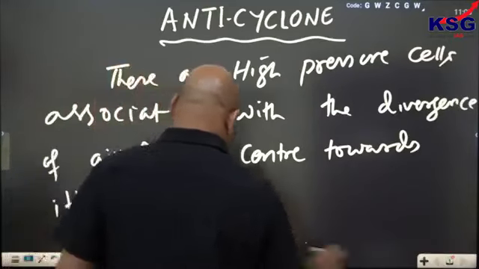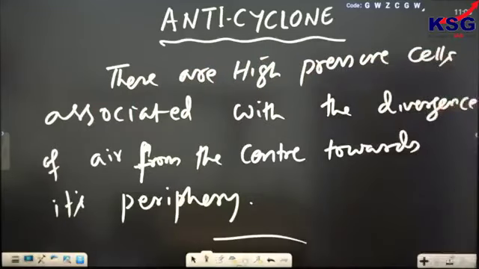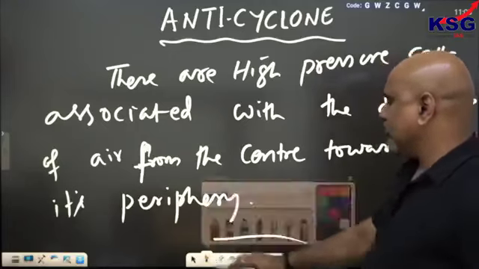From center to periphery there is divergence of the air. Again I am saying, these are high pressure cells associated with the divergence of air from the center towards its periphery. These are called the anticyclone.